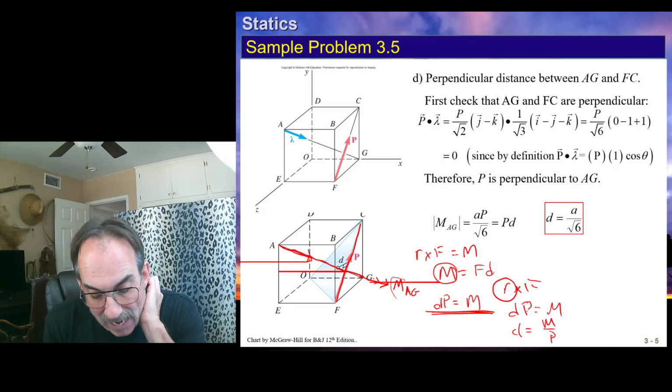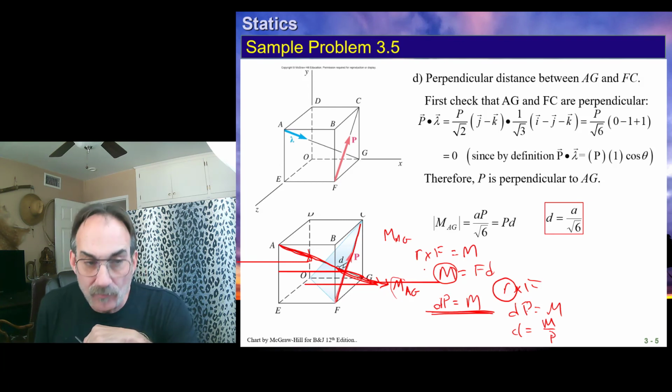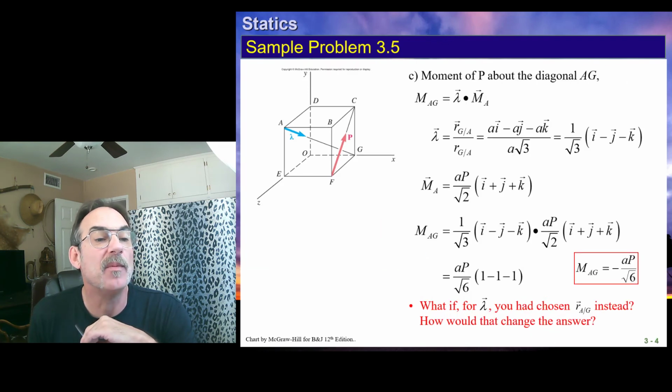We already had the moment along this line of action AG. In the last section we calculated that MAG, and we found it to be equal, if we look back, this was the moment about AG we just calculated, right?